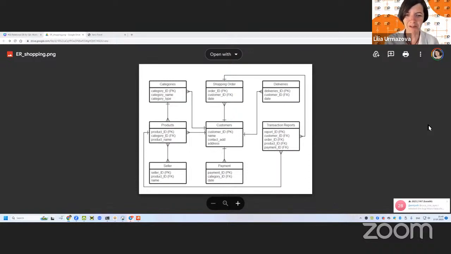So maybe that was a brilliant idea to connect the tables and make some propositions to a customer based on his or her choice of categories, but how are they going to get the information? I don't know. This is a relationship without keys inside. Yeah, so another strange ER diagram.